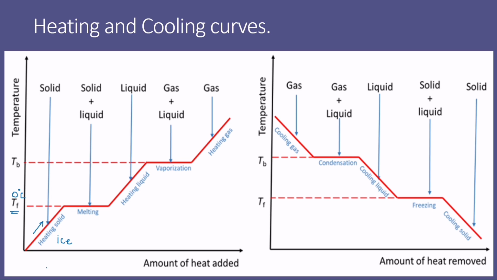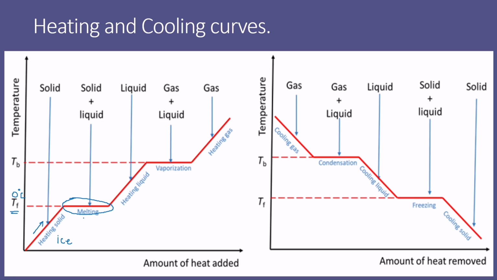Once ice starts melting, the temperature stays at 0 degrees Celsius until all the ice has melted. So here you can see the temperature remains constant.